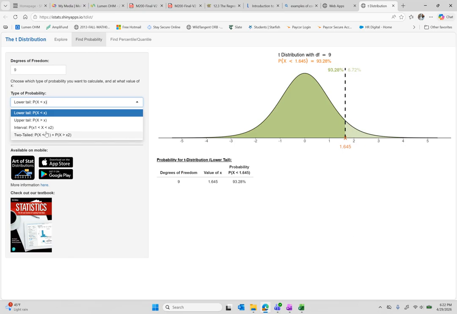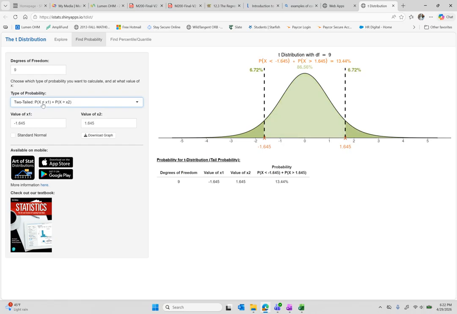And for the type of probability, I need a two-tailed test. Less than an x1 and greater than an x2. And I want the t-score to be 2.6576.